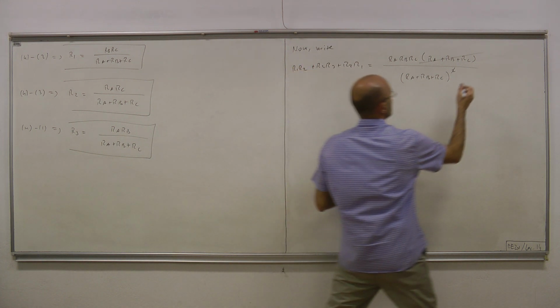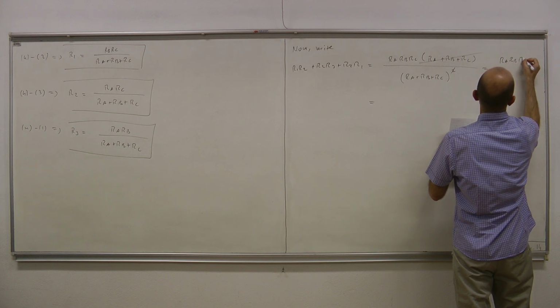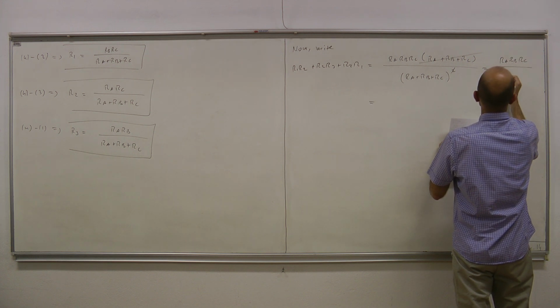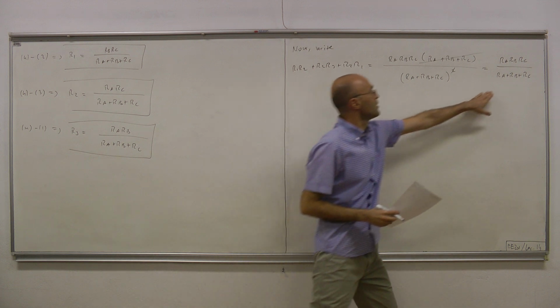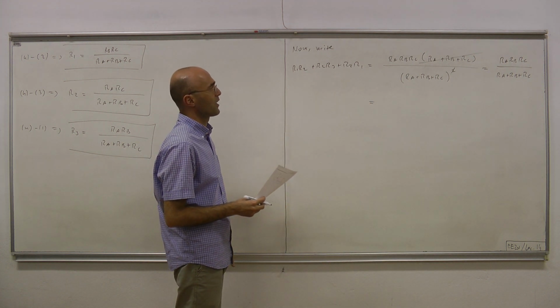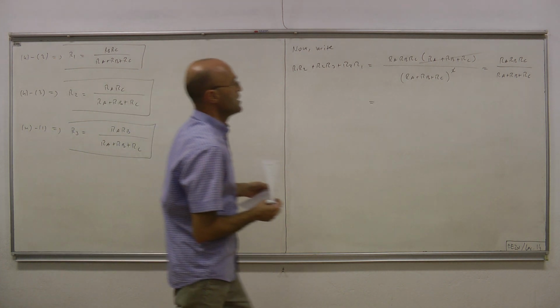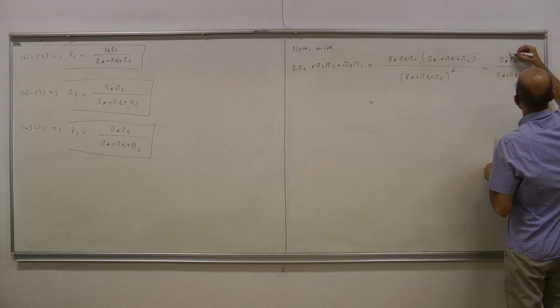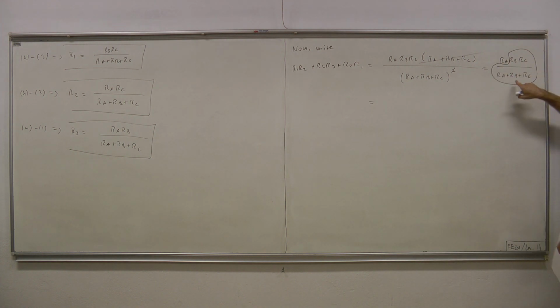Now this equals what? Let me rewrite it in a clean way: RA RB RC over RA plus RB plus RC. So this ratio equals this sum of products. Now note that, for instance, R1 is here: RB RC over RA plus RB plus RC.